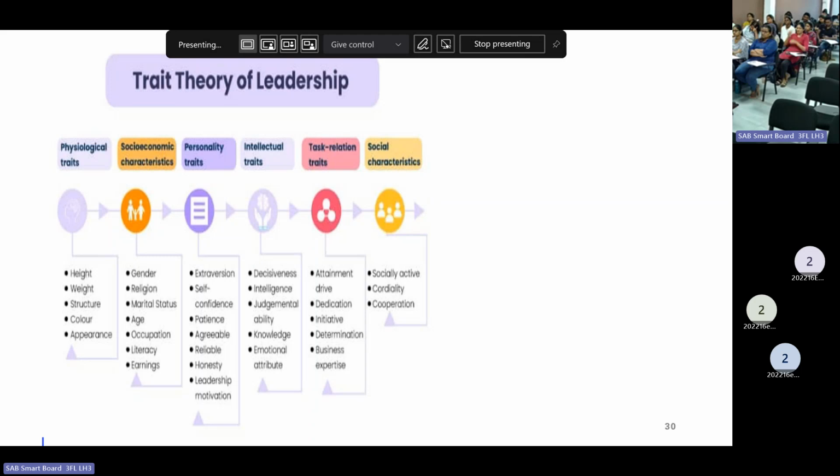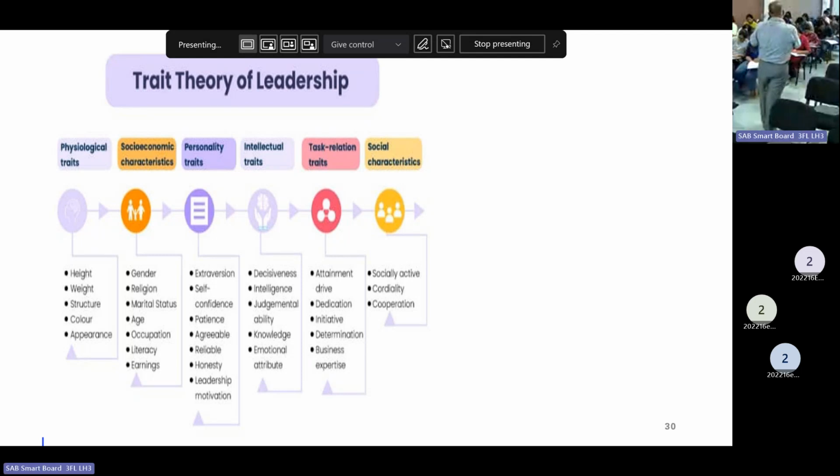Okay. Now I told you three. The recent ones are categorized into six: physical, socio-economic, personality traits, intellectual, task-oriented, and social characteristics. I said three, what were those three? Personality, intelligence, and physical. Now they are divided into six. Make a note of it. That is why I said the research is continuing even in 2024, since 1840.